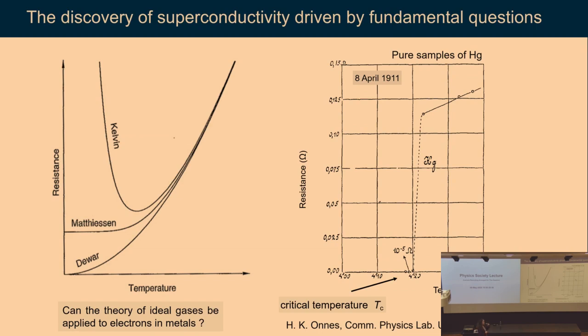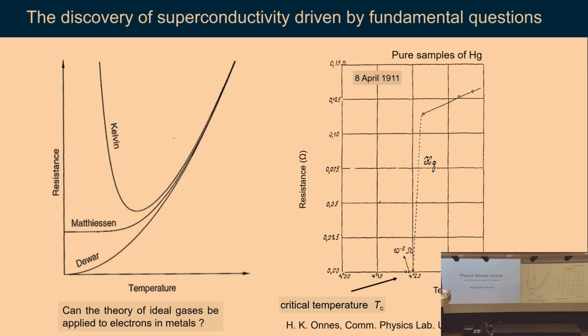And there were various predictions. So here we have resistance versus temperature, and the various predictions. Lord Kelvin was saying that when we cool things down, resistivity normally goes down in a metal because the vibrations of the lattice will slow down, so electrons will not scatter all the time. But eventually, Kelvin suggested that electrons will freeze out, so the resistance will just keep going up.